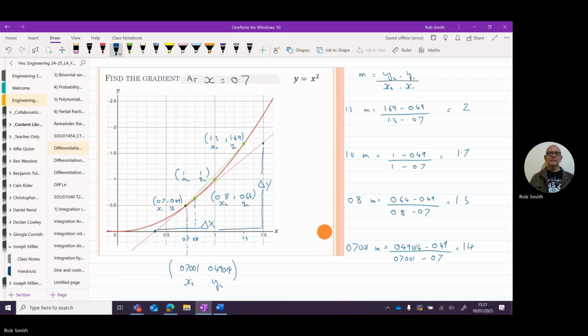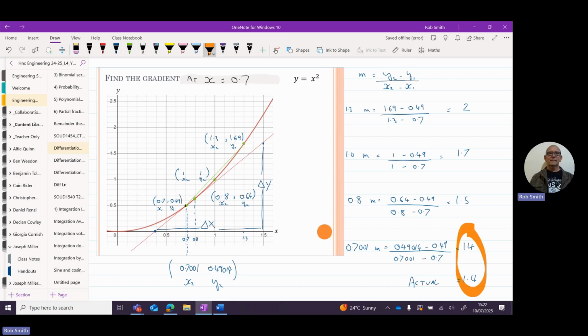That gives 1.4, and the actual gradient was 1.4. So if we say we've got a good idea for the gradient, just applying the rule for the gradient, but knowing that the closer we get that dot to the point where we want the gradient, the closer that answer is going to be. So our first estimates were 2, 1.7, 1.5, 1.4, and the actual one was 1.4.